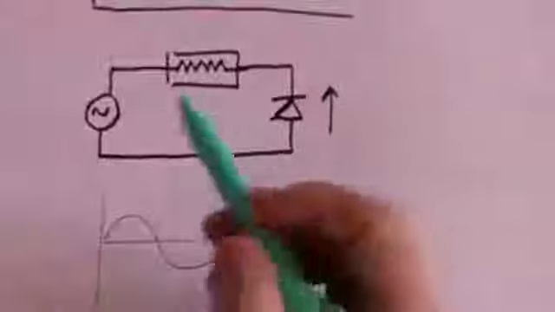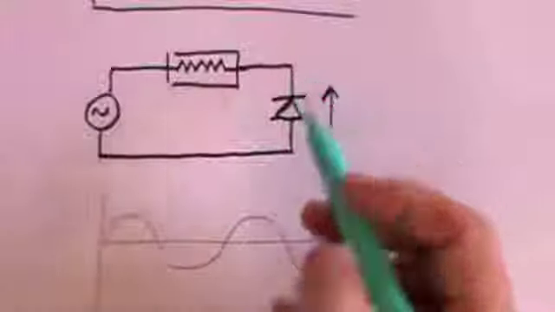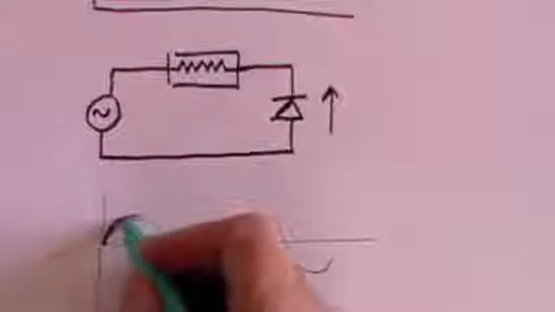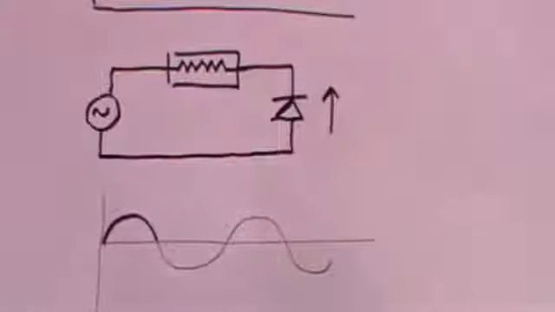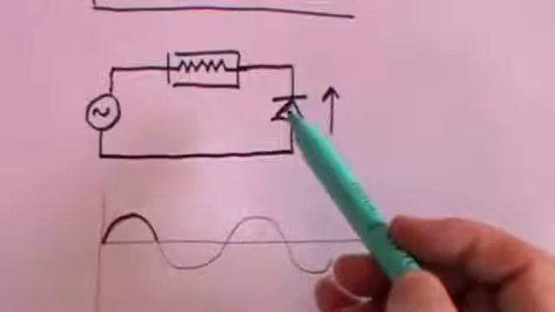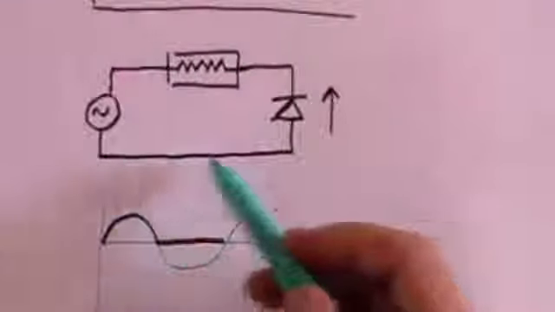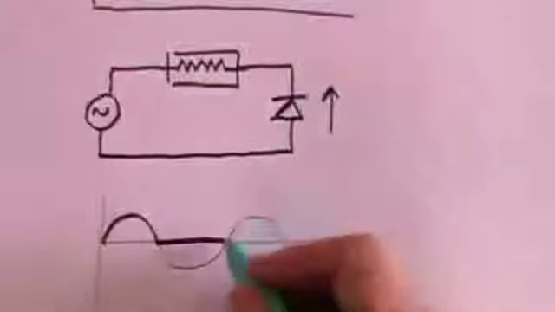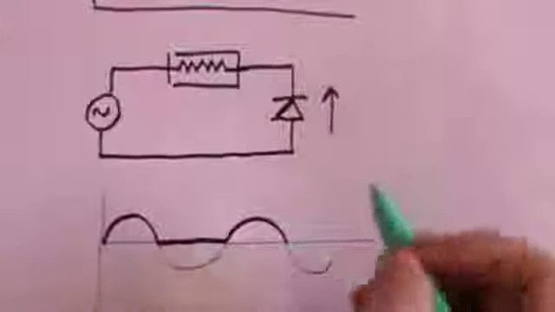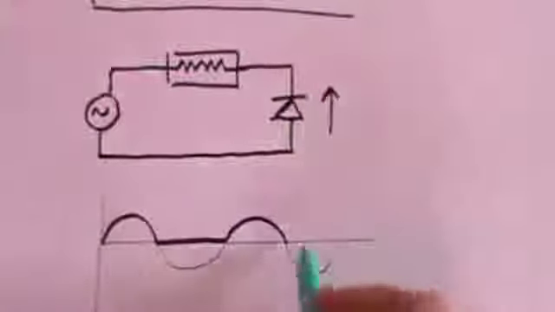What actually happens is when the current flows in this direction, it's okay, the diode will allow it to flow. But when it flows in this direction, the diode won't let it flow. So instead of the current going in the opposite direction, no current flows at all. And then when the current flows in this direction again, the diode says, okay, you can go.